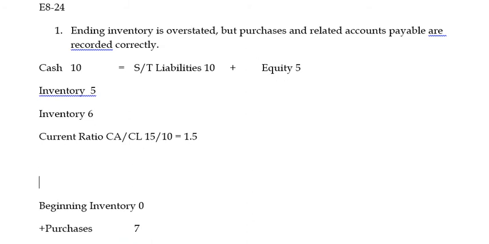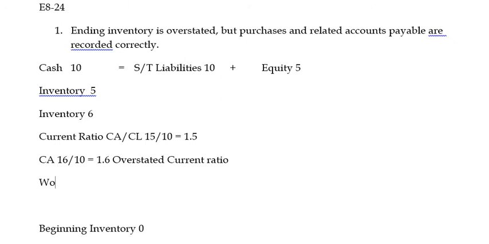But we have overstated our inventory, and so we've said that the current assets are misstated and are at 16, with 10 in short-term liabilities. And so we have said that our current ratio is 1.6, when really the correct current ratio is 1.5. We have overstated our current ratio.